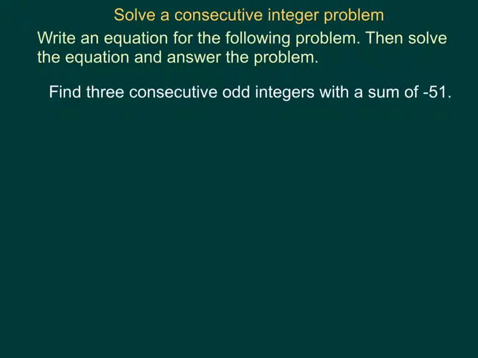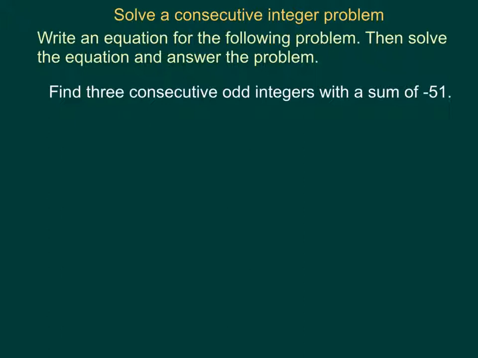Now we're going to practice solving equations with consecutive integers. So the question says, write an equation for the following problem, then solve the equation and answer the problem. It says find 3 consecutive odd integers with a sum of negative 51.